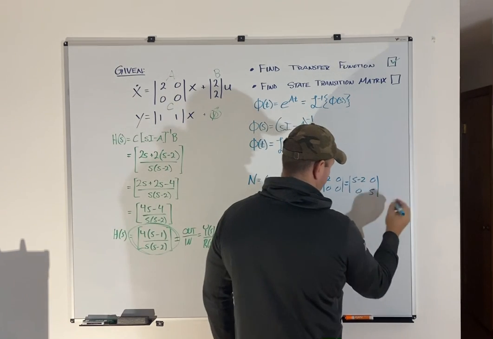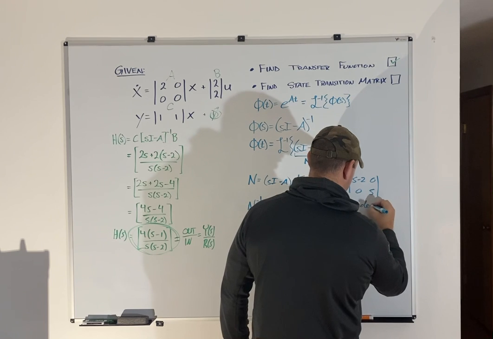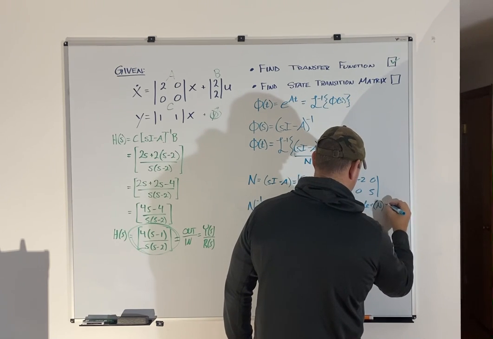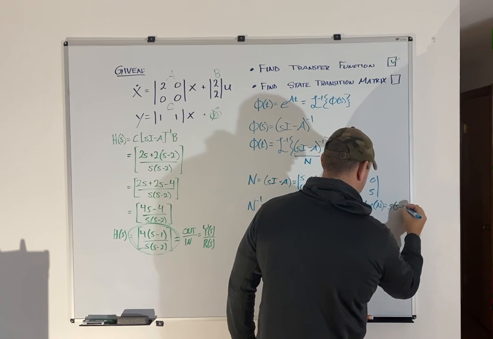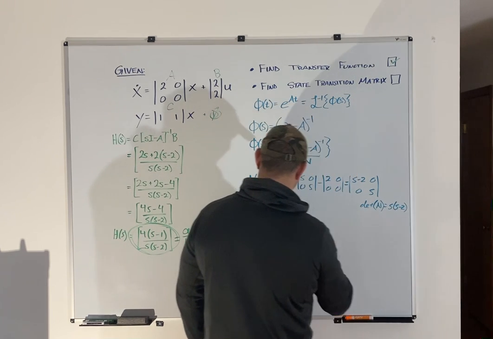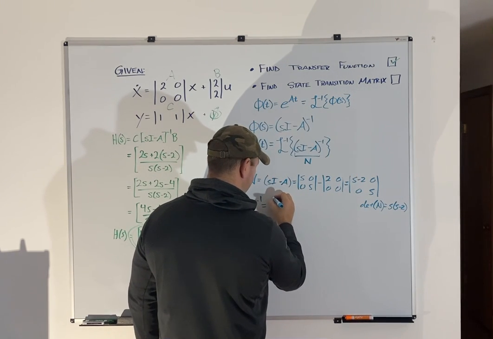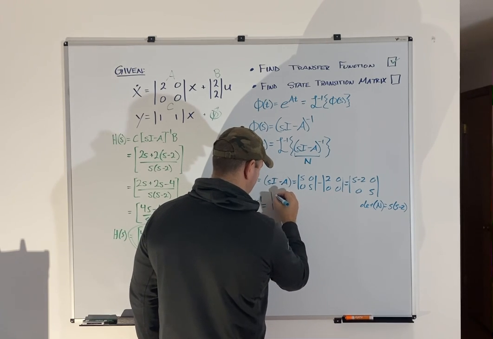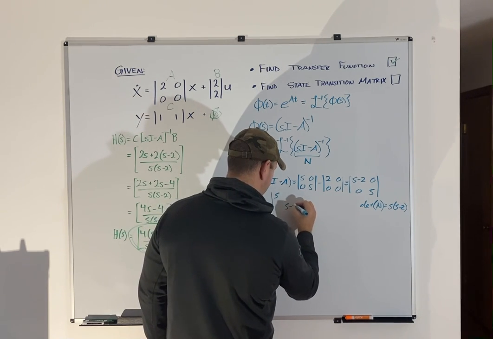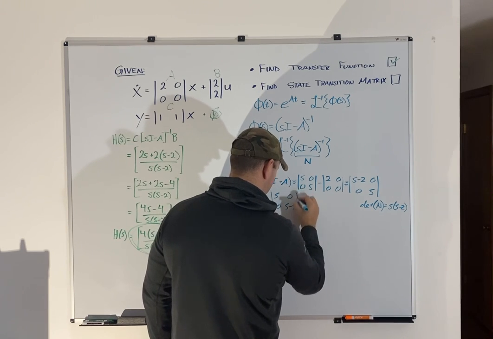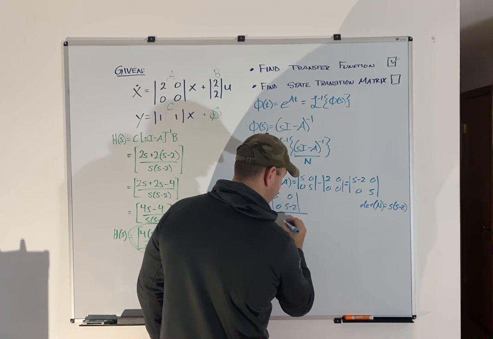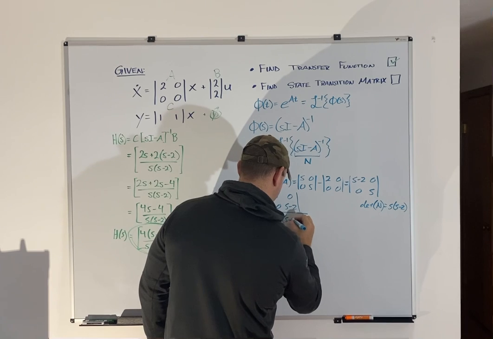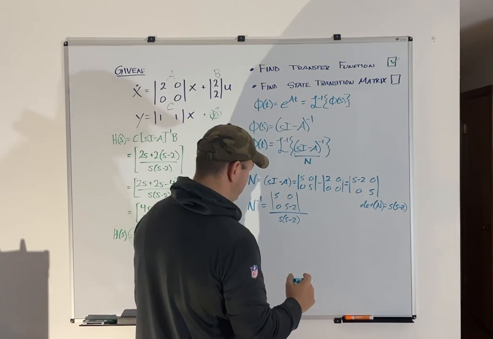The determinant here is going to be s minus 2 times s minus 0. So we're going to have our adjugate matrix, where we swap, with s minus 2 and s on the diagonal, divided by the determinant.